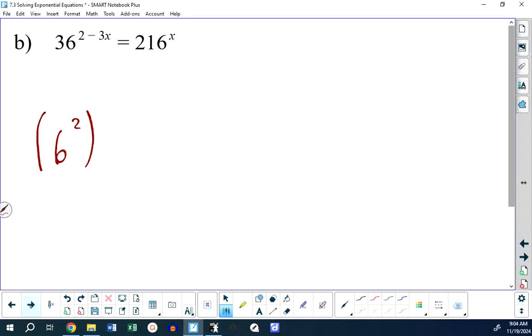This is 6 squared to the 2 minus 3x. Right? And 216 is 6 cubed, but it's raised to the x. So all of these exponent laws that you learned about in Math 9 and in Math 10, you learn them again, and in Math 20, you apply them again, are really crucial in this unit.